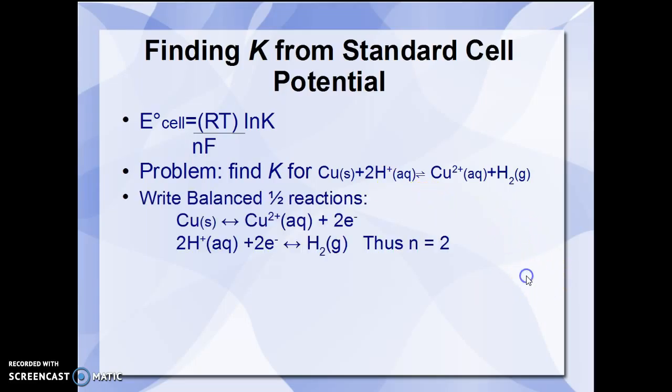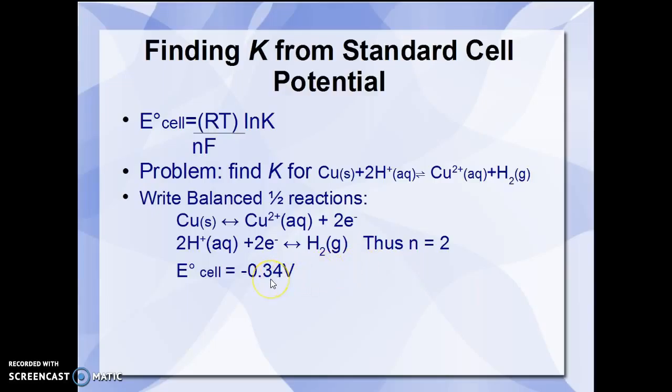Well, let's look at that. We write the balanced half reaction so that we can find the number of moles of electrons transferred, and since we're going from copper to copper 2+, that loses 2 moles of electrons per mole of copper, so n is equal to 2. We can then look for the E0 of the cell, and if we look up the copper and the hydrogen, that's a negative 0.34.